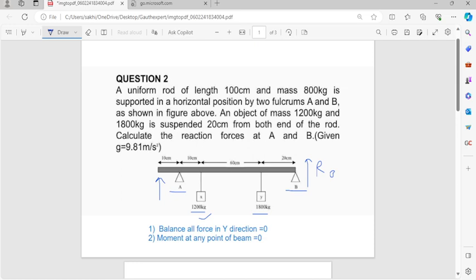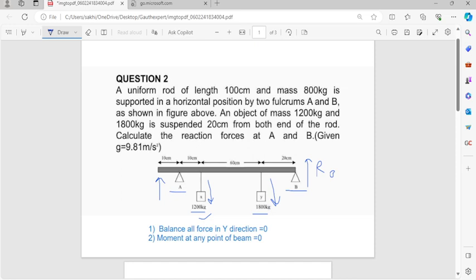So these two forces, RA and RB, are acting upward, in the positive y direction, and these forces are acting in the downward direction.